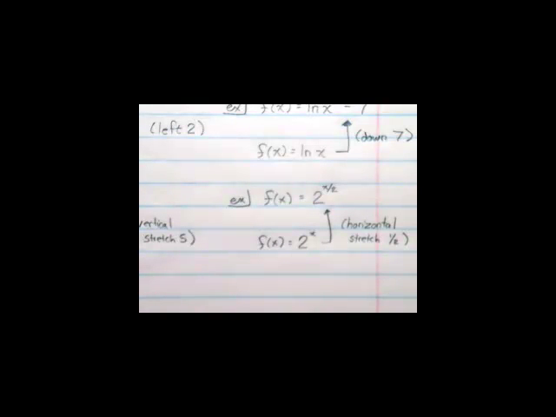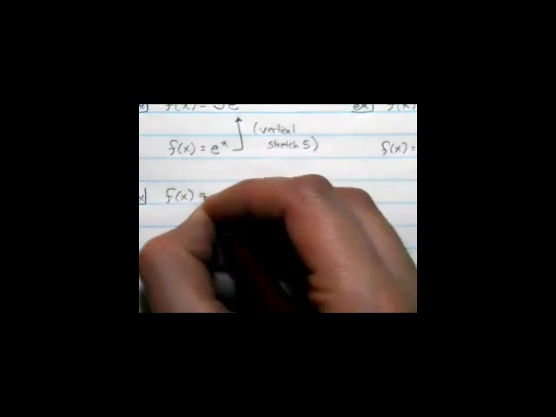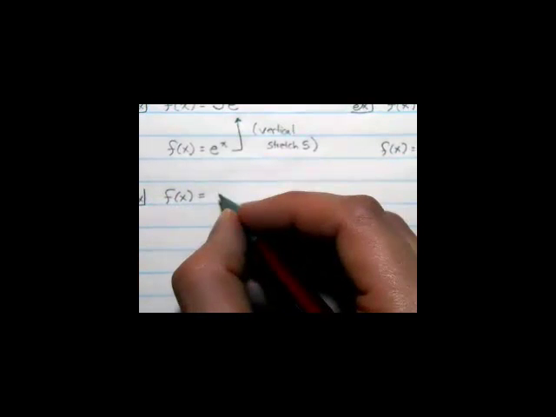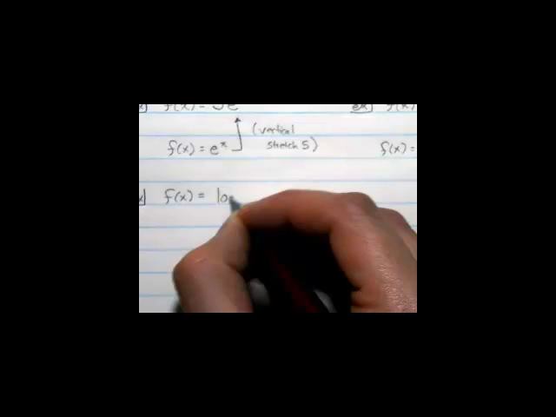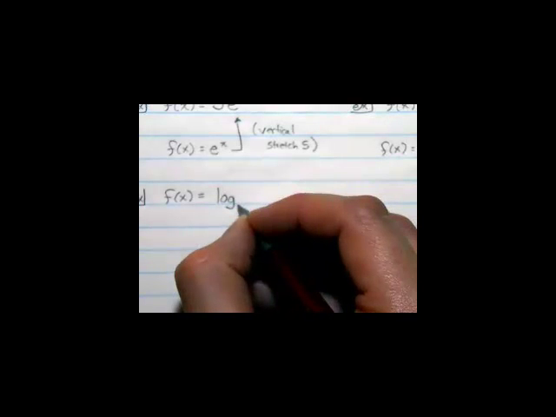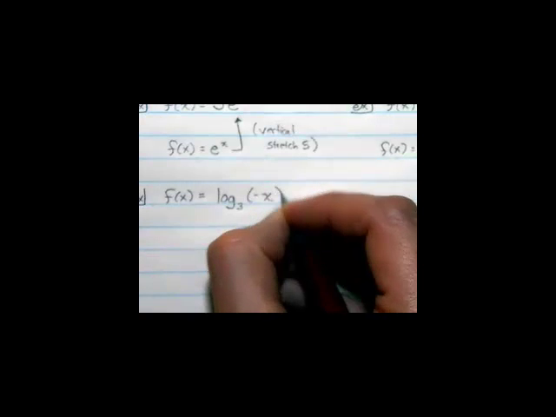There is one thing that we haven't talked about, and I want to see if you guys remember this, if you can tell me what's going on. I didn't write it down as one of your rules earlier, but I want to just quick quiz you here and see if you can tell me what's going on. Let's say we've got log base 3 of negative x.